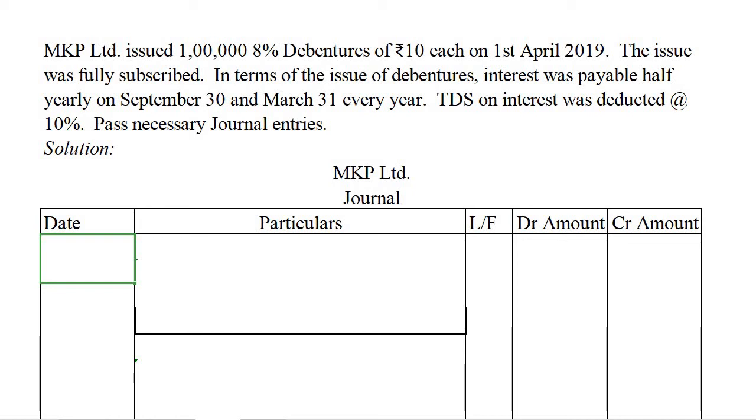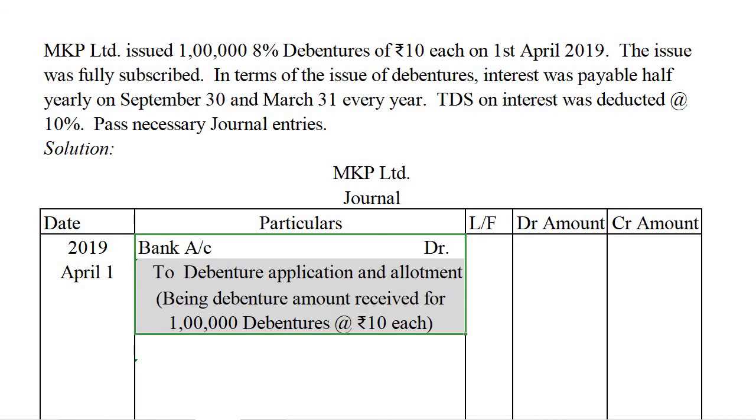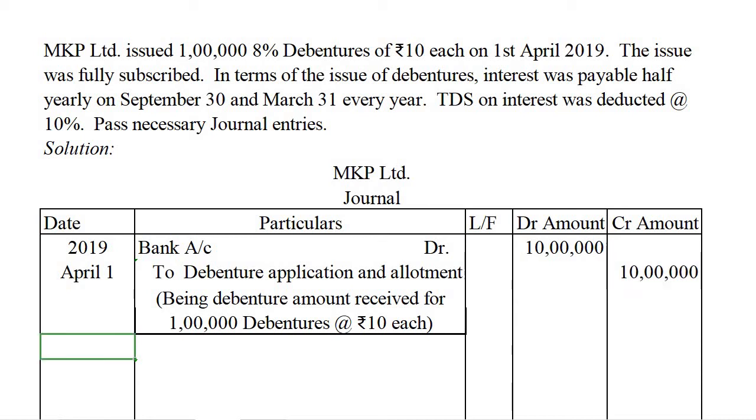So first, issue of debentures, 2019 April 1st. The journal entry we know: bank account debtor to debenture application and allotment. 10 lakh debentures issued at rupees 10 each, so the amount 10 lakh can be written here. Then what is the next journal entry?